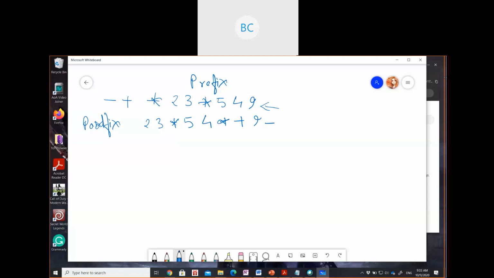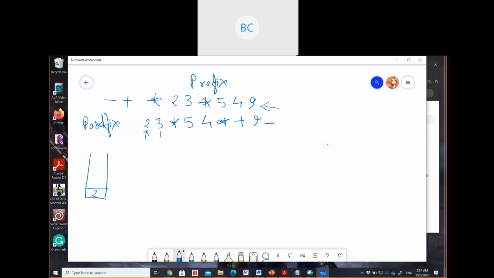How we did? First, we use the stack, correct? So first, our pointer will be in the first. So whenever we see an operand, we put it into the stack, correct?